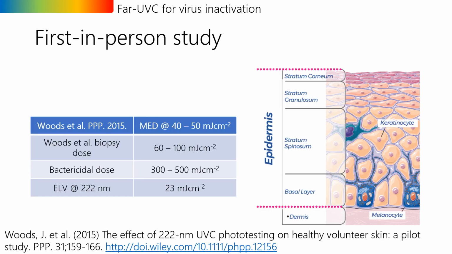The first study to look at the safety of 222 UVC in humans was actually from the photobiology unit in Dundee, where I'm based, and it was published as far back as 2015. The study was a first-in-person, within-subject dose escalation study, which basically means a series of MED tests, starting at low doses and building up, looking to see at what dose the erythema appears.